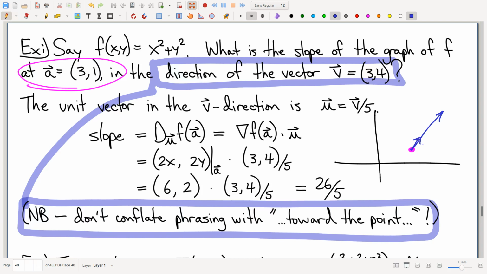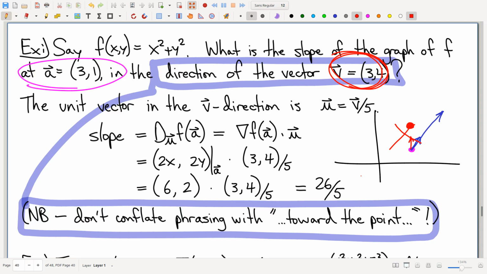But if you mistakenly view this as being a point, and mistakenly interpret this as I'm at 3, 1 and moving toward the point 3, 4, well, the point 3, 4 is about like that, which would have the student thinking that you're going in that direction, which you're not.